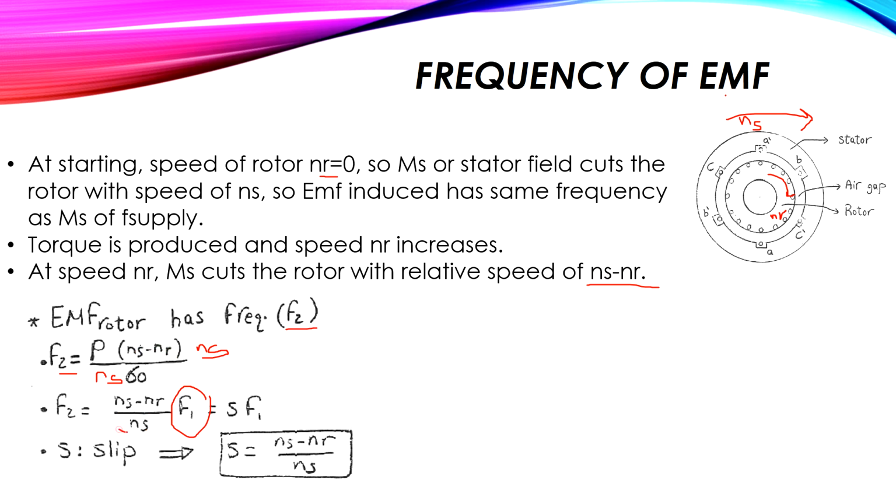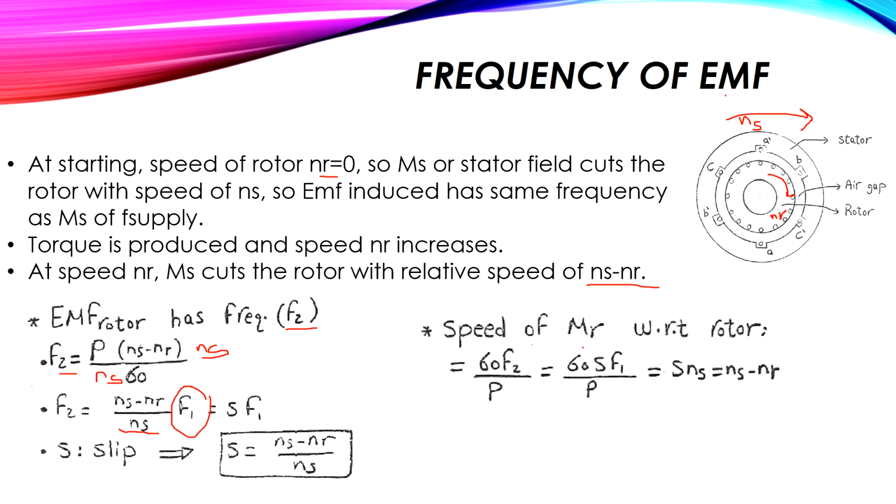Now this is known inside the induction machine as the slip. So the frequency of the voltage induced in the rotor is s f1, where s is ns minus nr over ns. So the relation between f2 and f1 is f2 equals s f1.